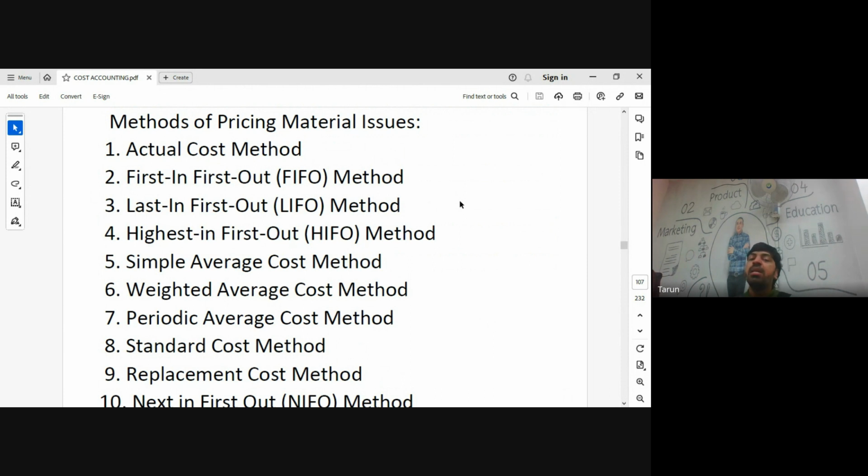In your syllabus, the first six are very important for practicals.